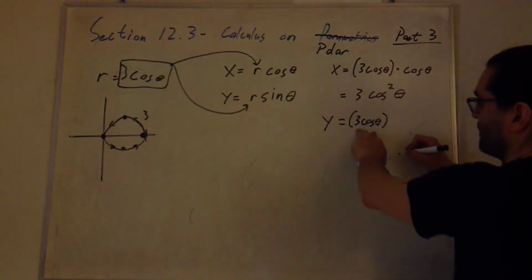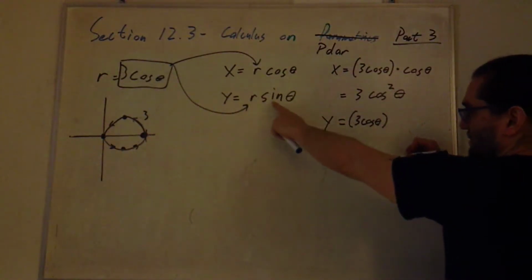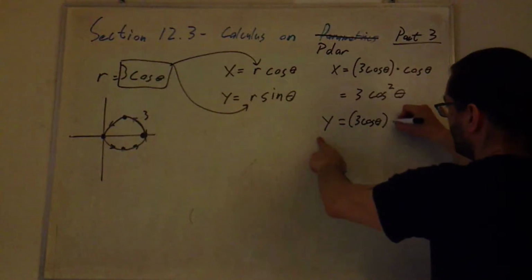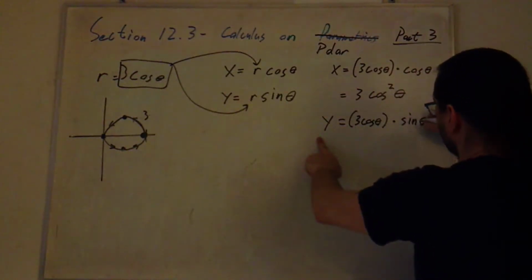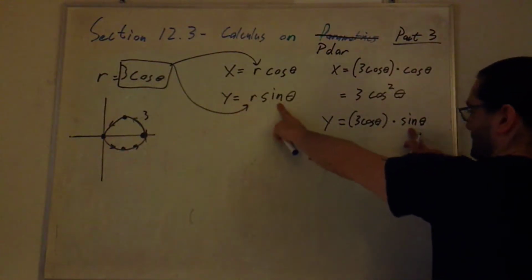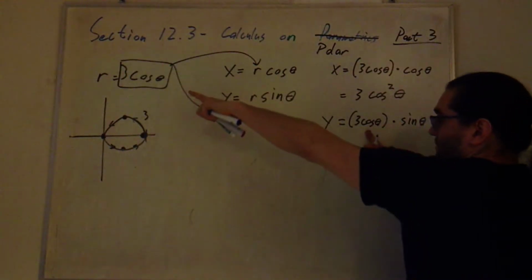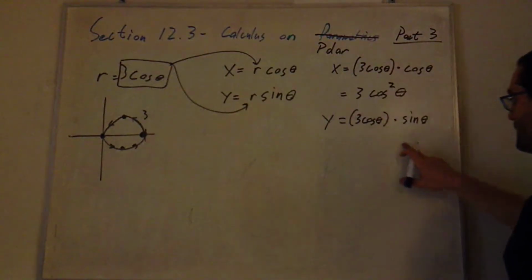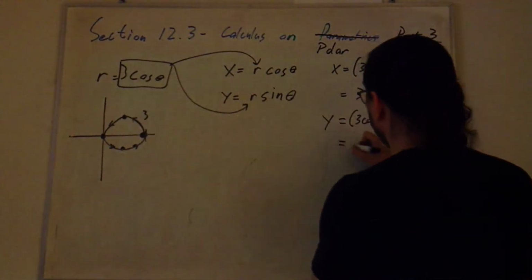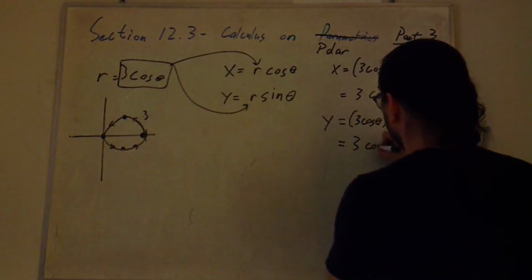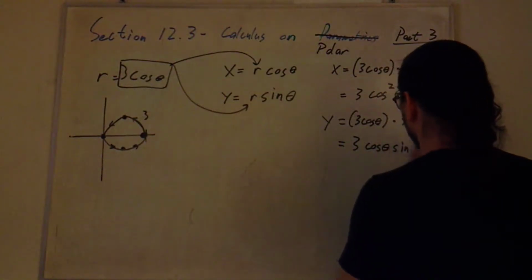It's very tempting to call this one a sine theta because it's y and it should be sine, but the sine is on the back end. This sine is this sine, that hasn't changed. This r is cosine because that also hasn't changed. So y is 3 cosine theta sine theta. Not a lot we can do with that one.